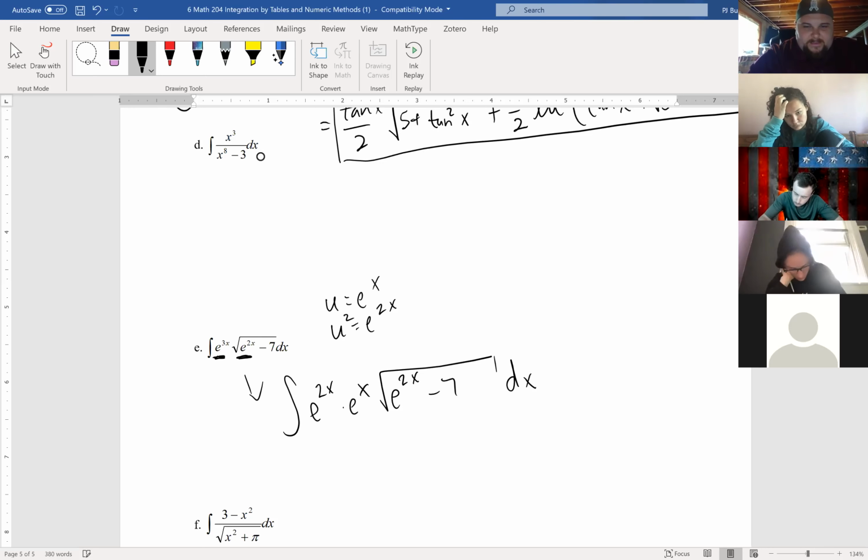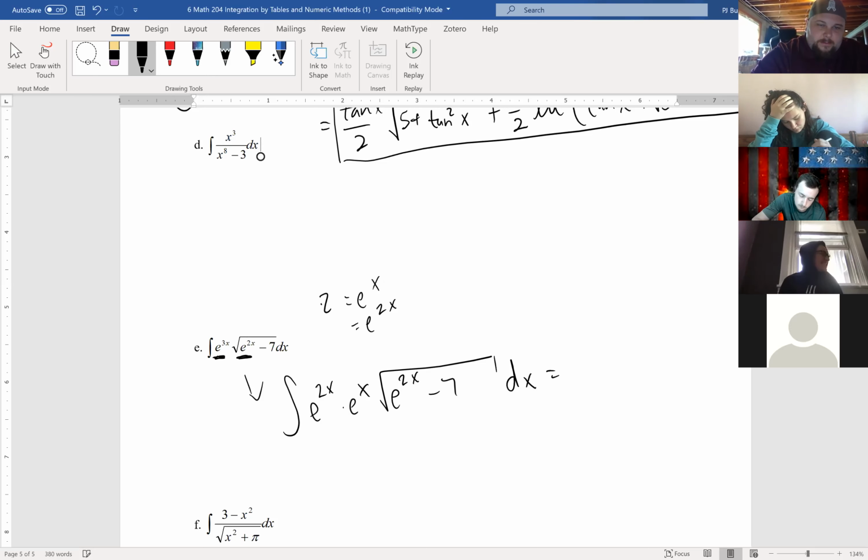And the reason for that is if I let U equal E to the X, or if I make a, well, I would make a U substitution, so maybe I should have picked something else here. Let this be Z. So now I want to let U equal this.